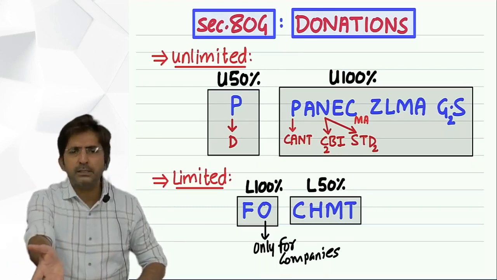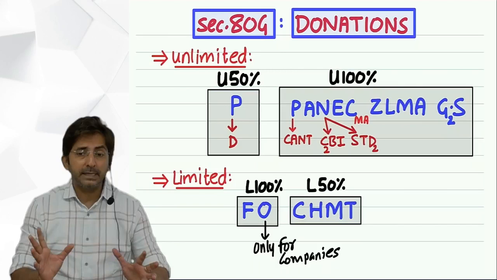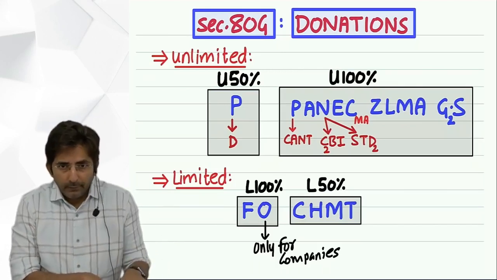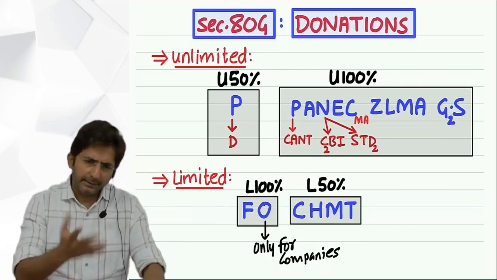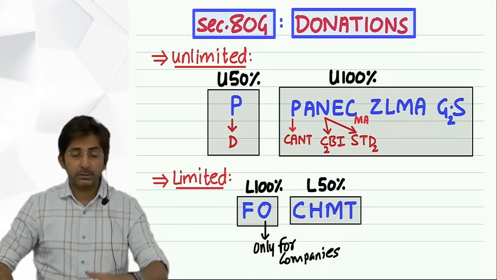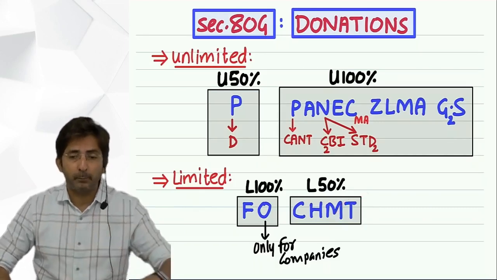So you give donation, you will get deduction. Any donation for the benefit of minority community, whether Muslim, Sikh, Parsi, whatever, is allowed. Then T stands for temples, church, mosque, gurudwara, historical places.